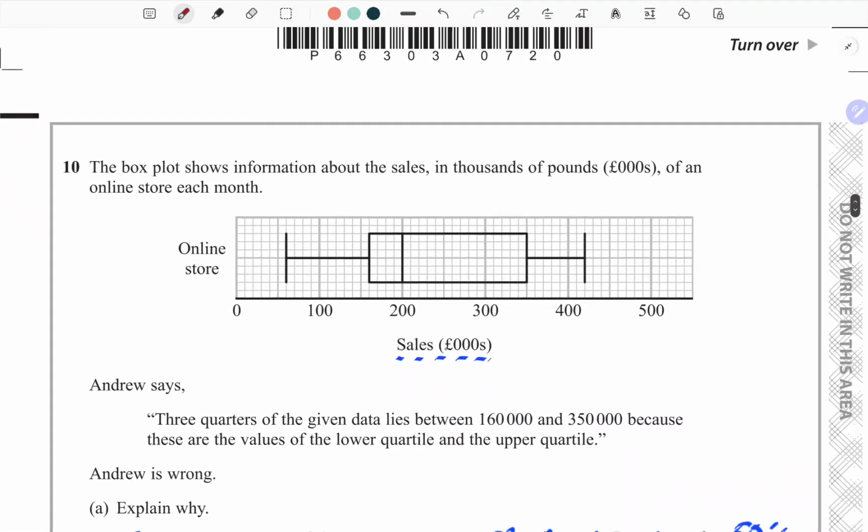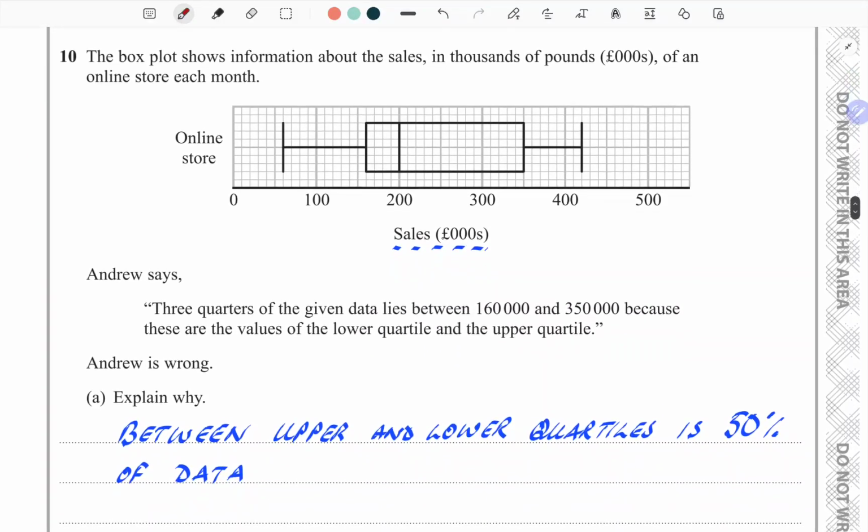Right, number 10. Box plots. Shows information about sales in thousands of pounds of an online store each month, etc. Just to revise, a quick revision of this. That's the lowest value.